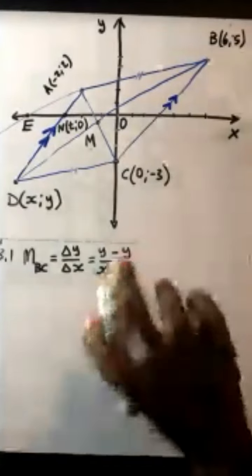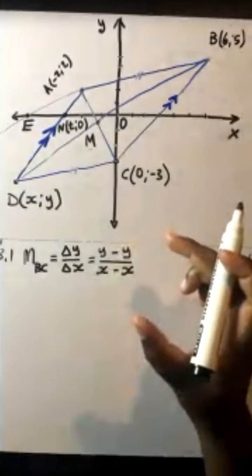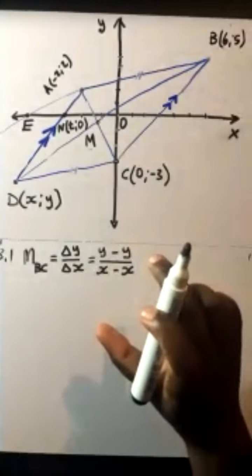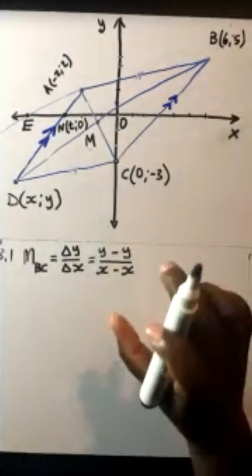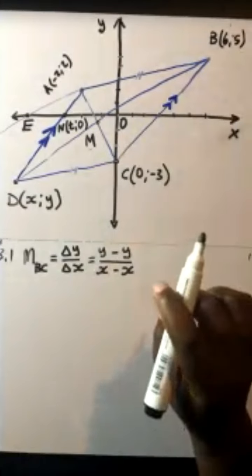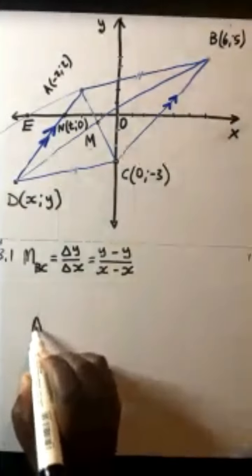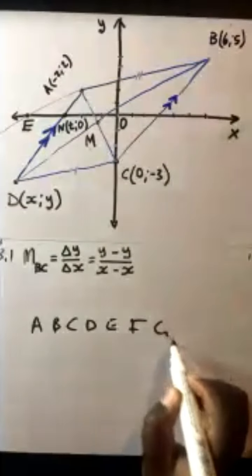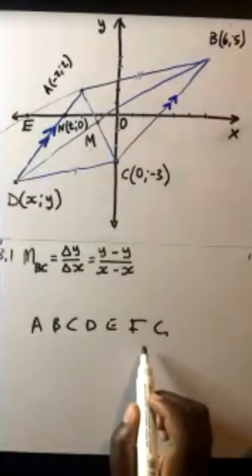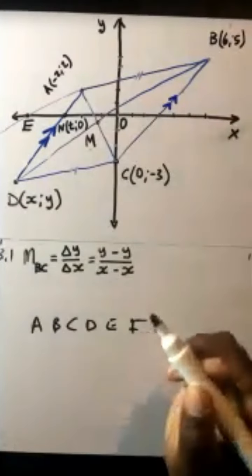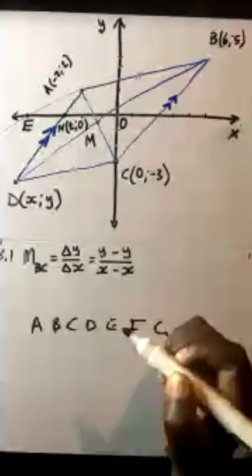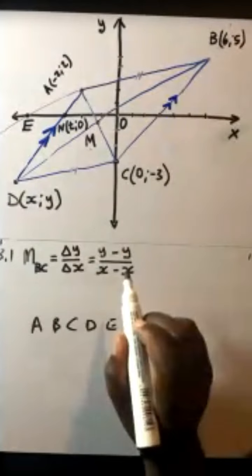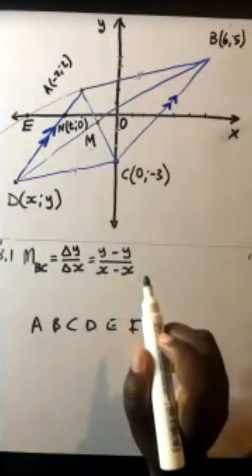Okay, so in this case, which one is 1 and which one is 2? Guys, I'm going to explain to you how I used to do these things and assign which one is 1 and which one is 2. Alphabetically, we know we've got A, B, C, D, E, F, G. So whichever letter comes first becomes my first coordinates. Whichever letter comes after becomes my second x and y values.